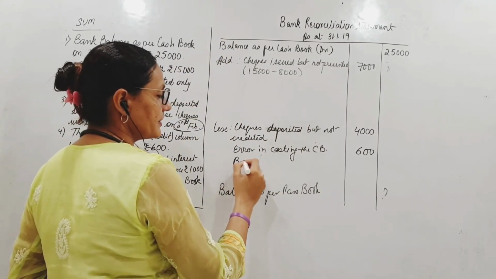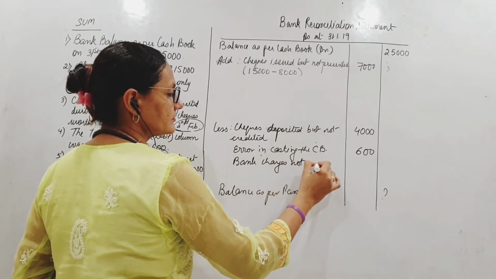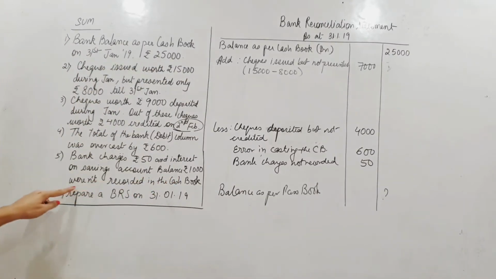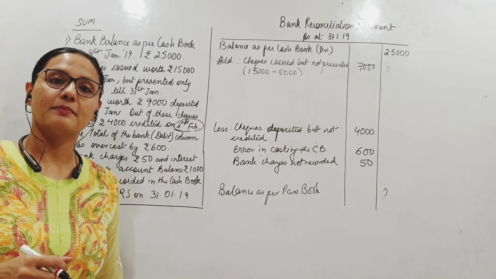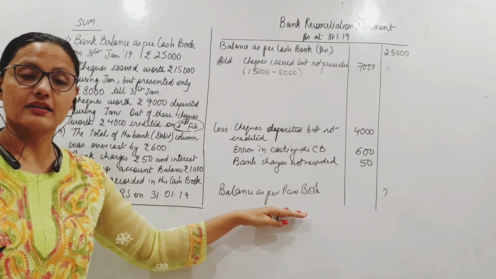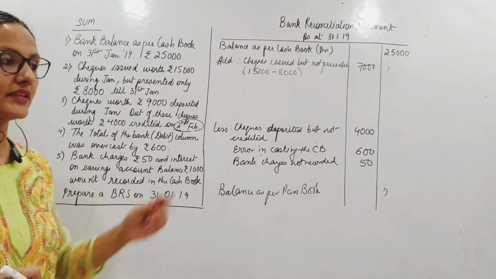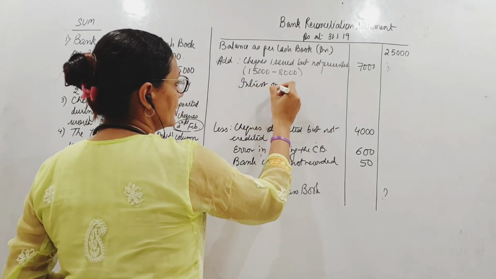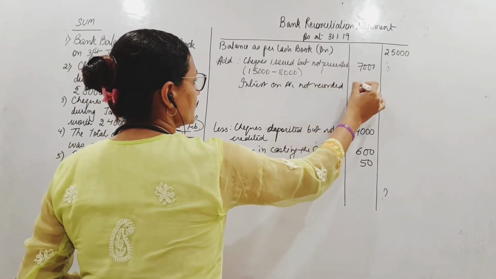So less is bank charges not recorded, 50 rupees, and also we have not recorded 1000, but this is not deducted, this is credited to my account here in the passbook, है ना. तो passbook में 1000 आ गया बैंक अकाउंट में, that has increased, but I have not recorded in the cash book, so that is less. तो ये ज़्यादा है तो ऐड करेंगे. Interest on account not recorded, 1000.